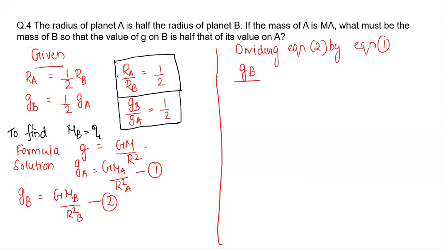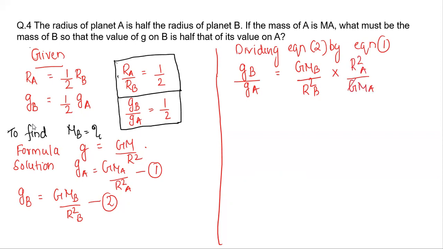GB upon GA is equal to, okay, what is GB on RHS? GMB upon R square B divided by GMA upon R square A. Instead of dividing, what to do? Take the reciprocal and multiply. So reciprocal is R square A upon GMA.